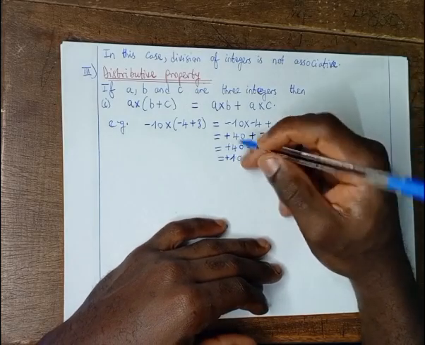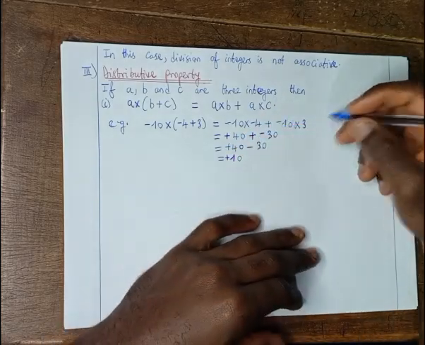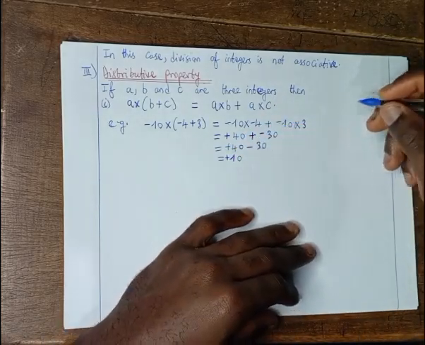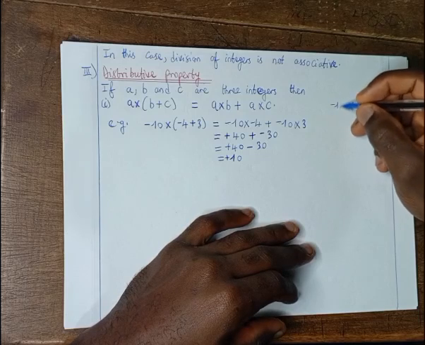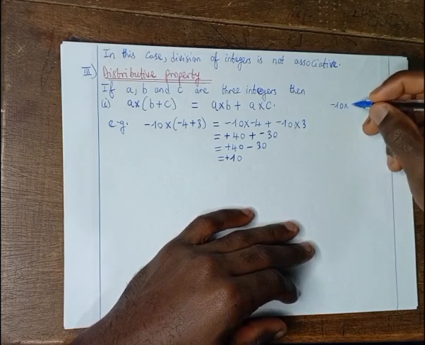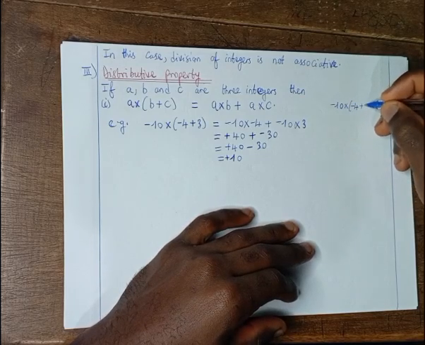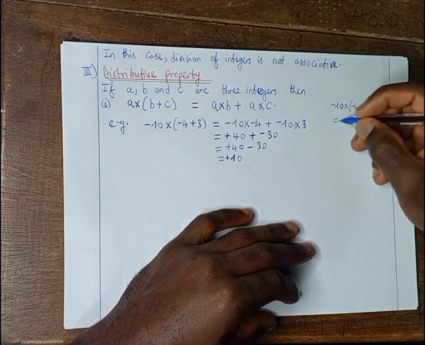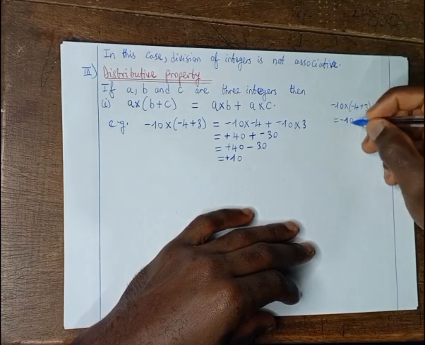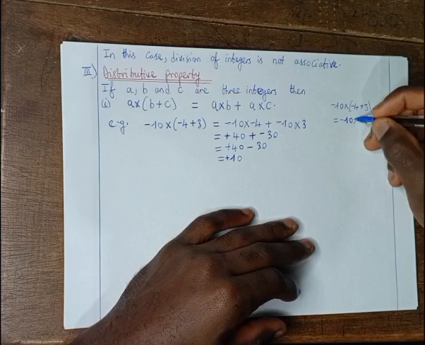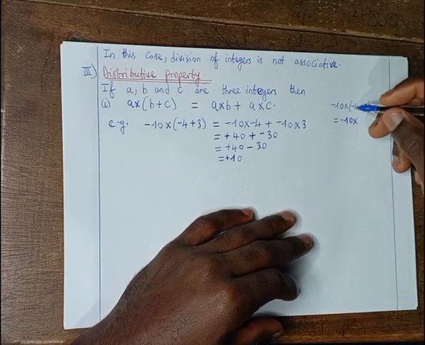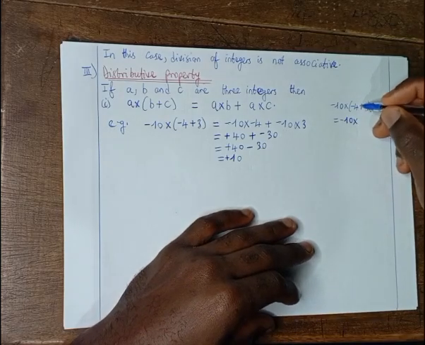You will see that this result is true if, for example, we decided to take it this way: negative 10 times negative 4 plus 3. This will simply be equal to negative 10, if we decide to simplify what we have in the bracket first, times negative 4 plus 3.